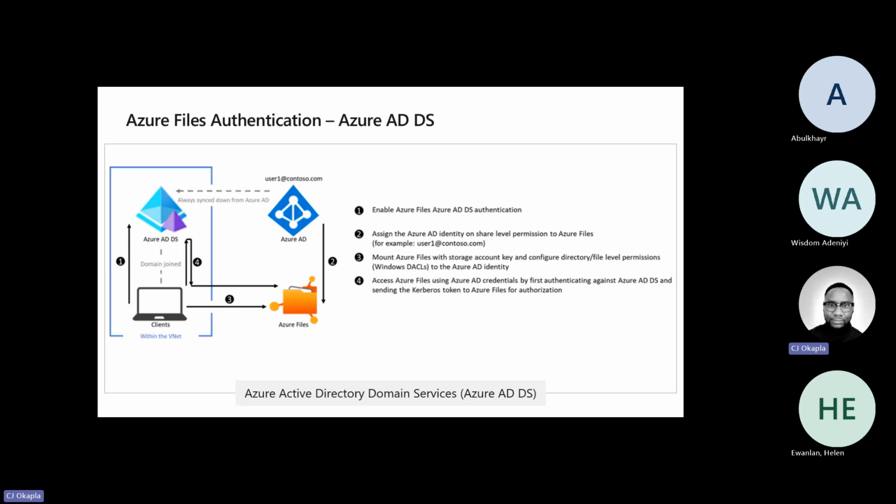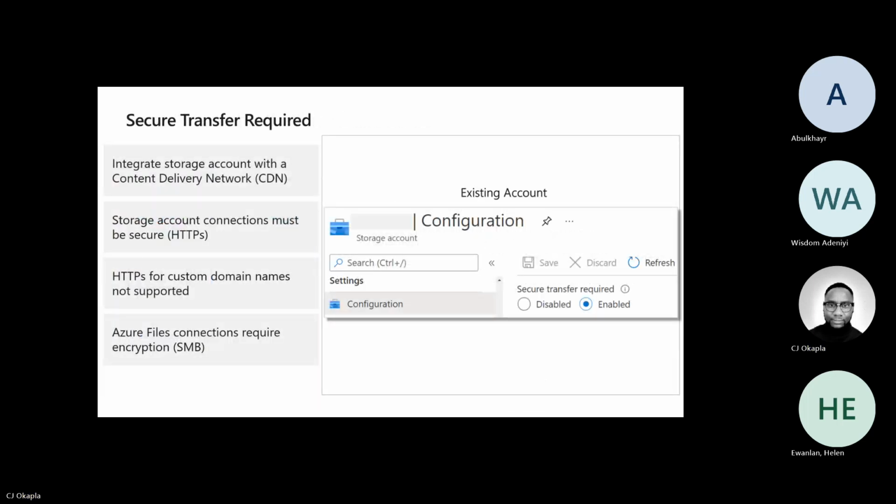Also, you can mount this Azure Files with the storage account key. It can also be that you require secure transfer. So you can integrate storage accounts with a content delivery network, CDN. Or you can connect the storage accounts with HTTPS. You can also use HTTPS for custom domain names.